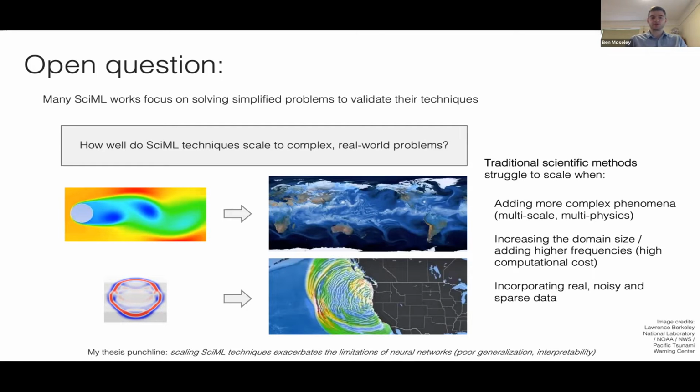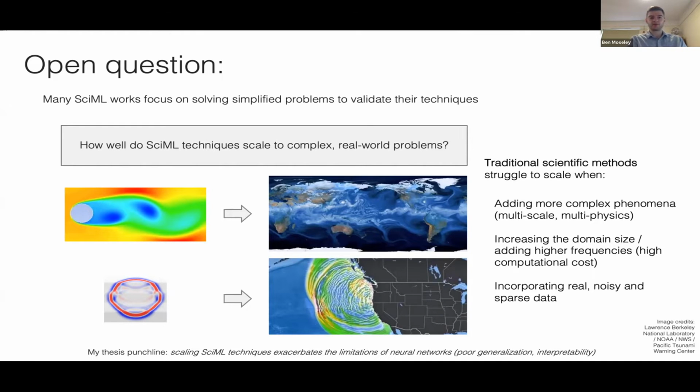When you're using traditional methods, adding more complex phenomena is very difficult to do. Increasing the number of frequencies in the simulation or the task incurs much higher computational costs in general. And when we're doing inversion problems, we have to deal with real, noisy and sparse data, which is often very different to just adding Gaussian noise on top of our experiments.